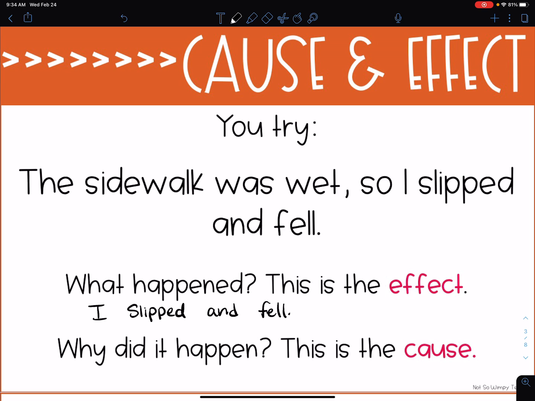Why did you slip and fall? That's going to be the cause: I slipped and fell because the sidewalk was wet. So why did it happen? The sidewalk was wet.